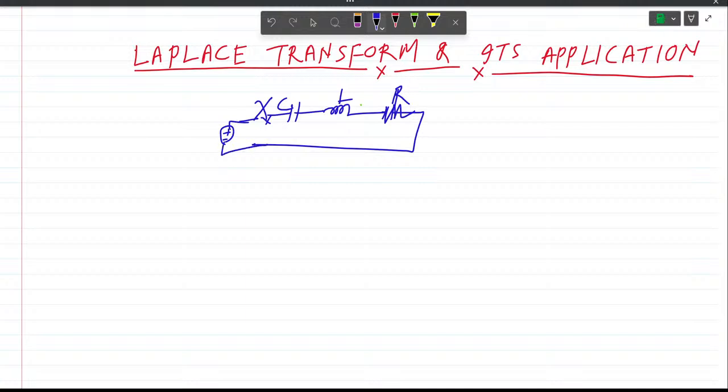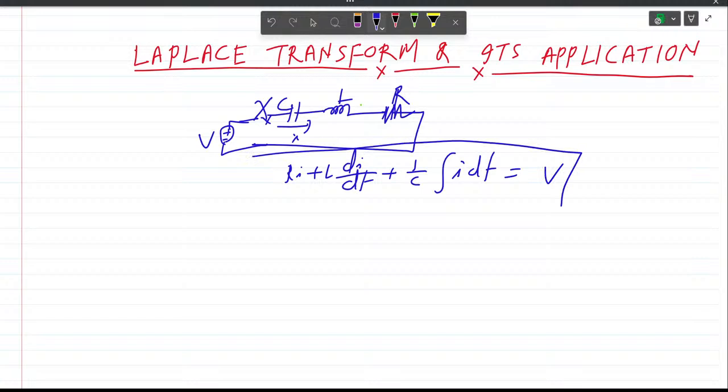So when you write the KVL, it is simply Ri plus L di/dt plus 1/C integral of i dt equal to V. This is called the integral differential equation.